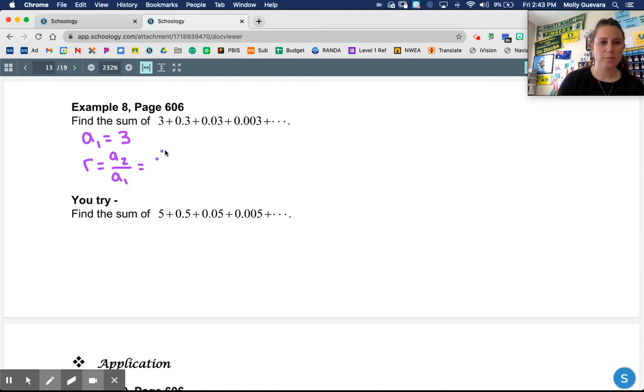So my second term is 0.3, my first term is 3, and so my R is 0.1. So now I can find the sum: my first term over 1 minus my R, which gets me 3 over 0.9.